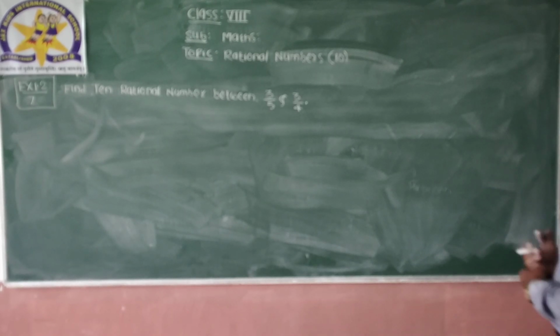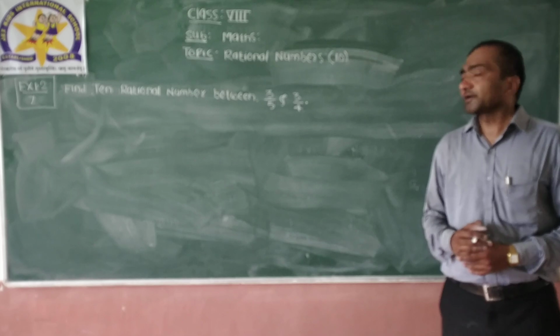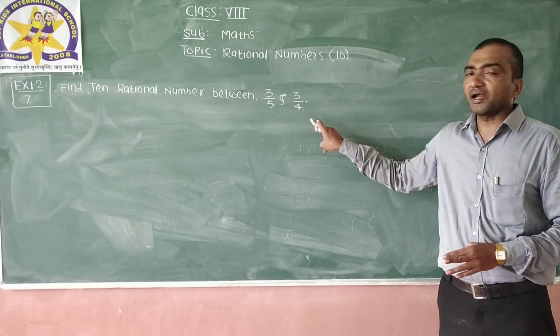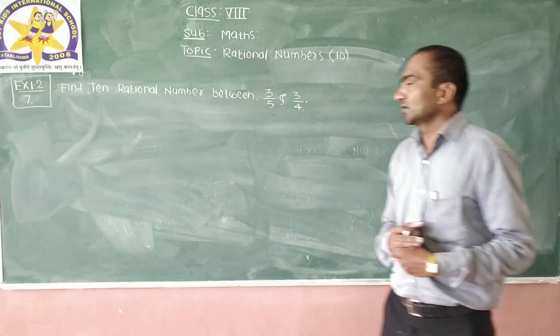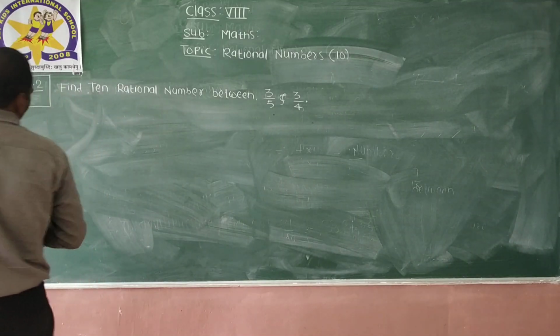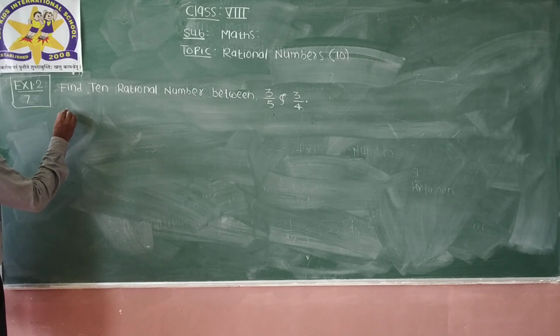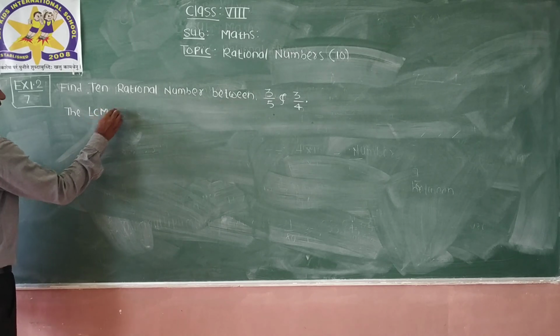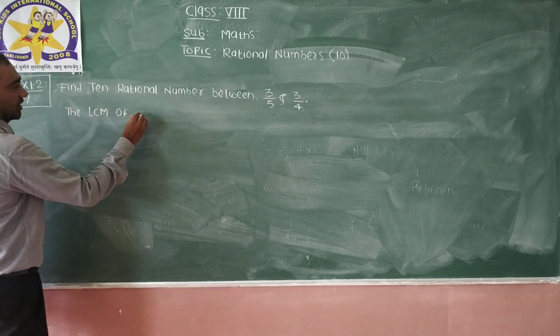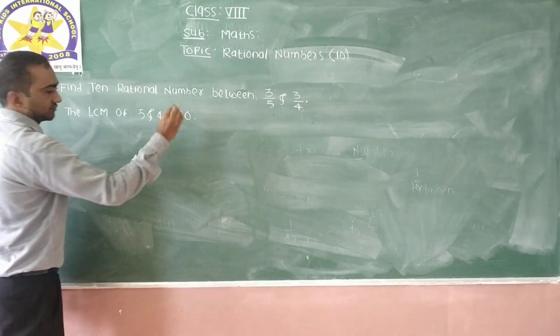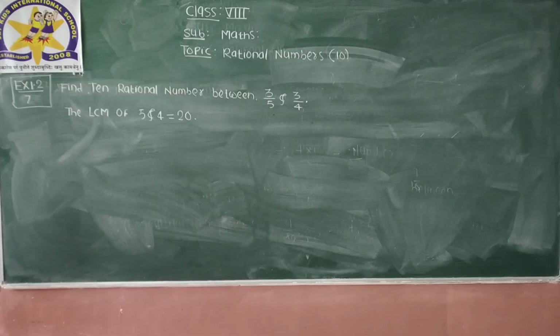Now the question number 7 is, find 10 rational numbers between 3 by 5 and 3 by 4. First of all we make their denominator same. Now the LCM of 5 and 4 is equal to 20.